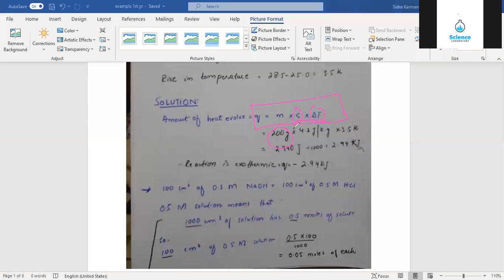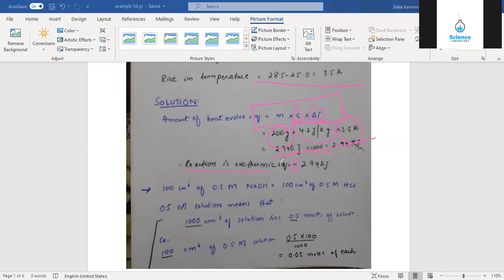Specific heat of water is 4.2 joule per Kelvin per gram. 3.5 is the temperature change. The reaction is exothermic. When the neutralization reaction takes place, heat always evolves from the system. That's why we have written here the reaction is exothermic. So Q is minus 2.94 kilojoule. That minus sign represents that the reaction is exothermic.